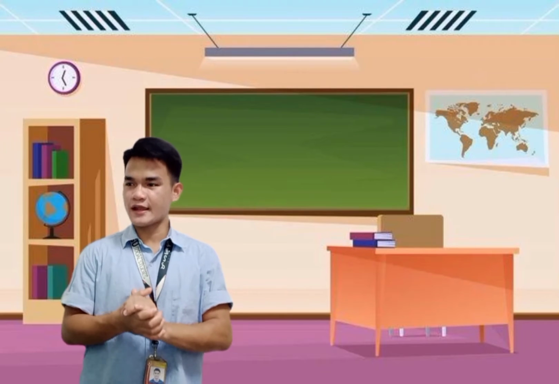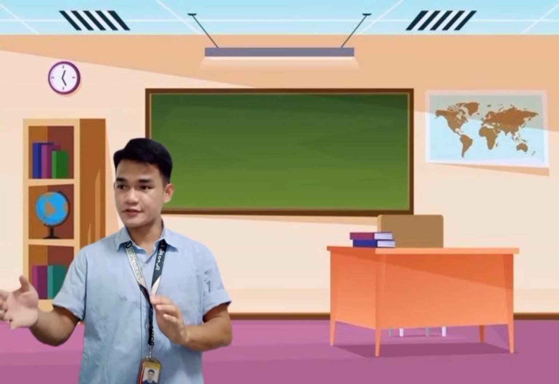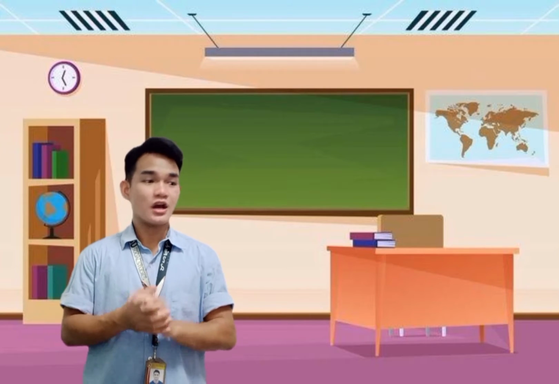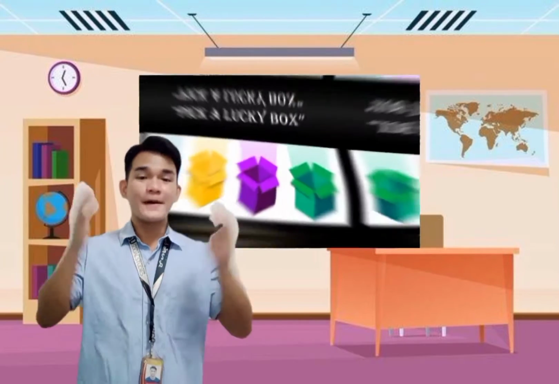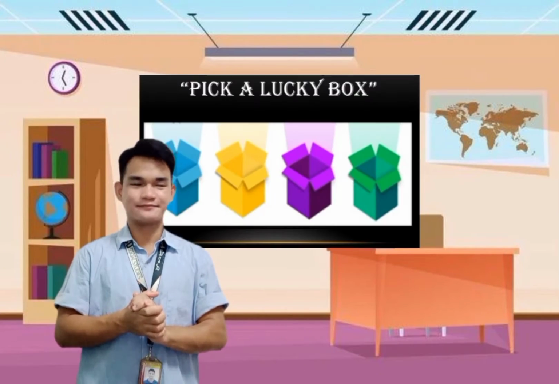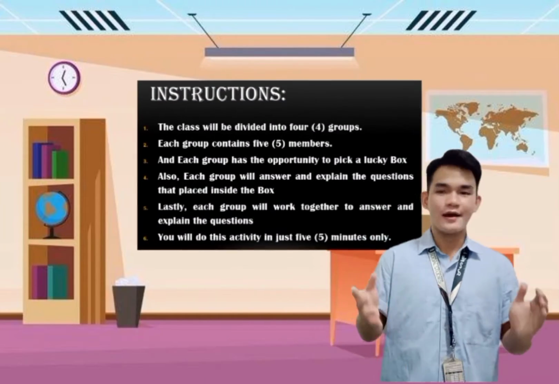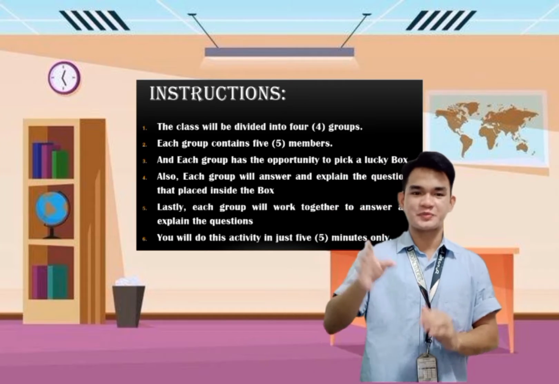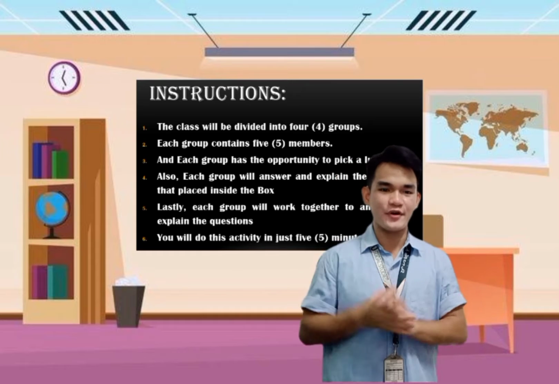Very good. So, before we finally proceed to our discussions for today, let us first have a short review of our previous discussions. For you to fully remember, we will have a task and we will call it Pick a Lucky Box. The instruction in this task is easy. First, the class will be divided into 4 groups. Second, each group contains 5 members.